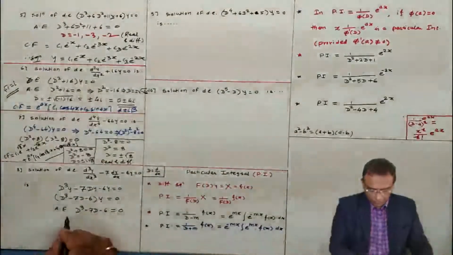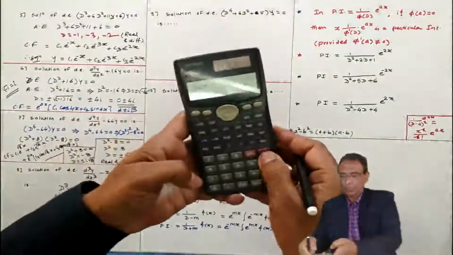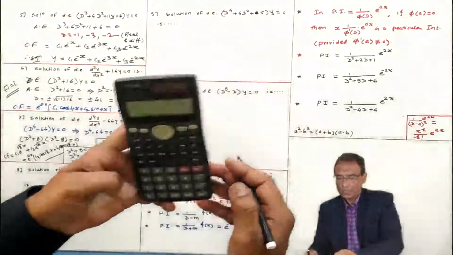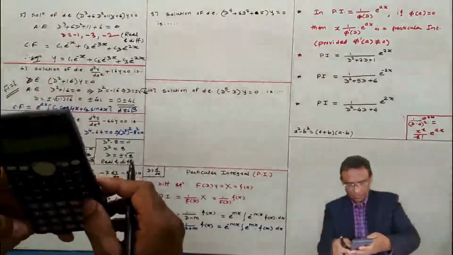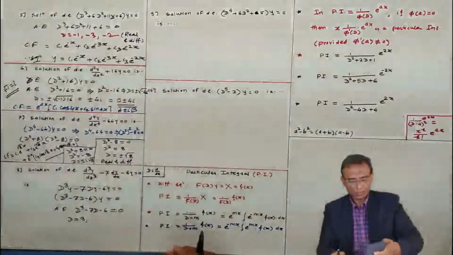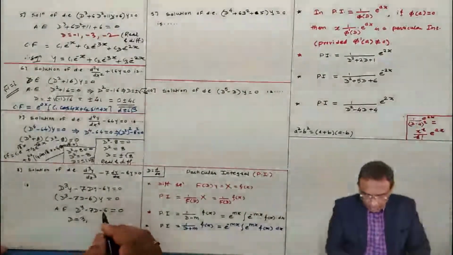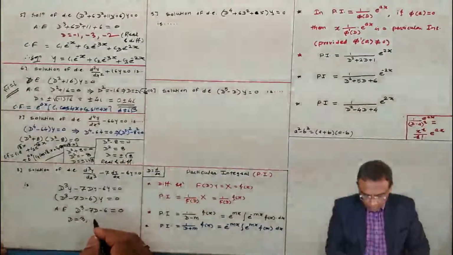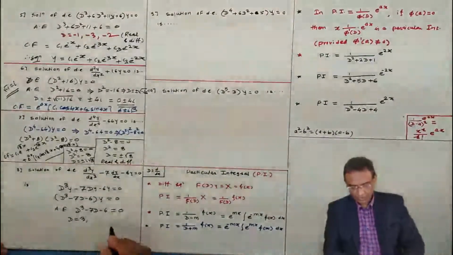Now, the value of x1 is what? The value of D is 3, the first value. The next value is 1. This function is not available here, I think. Now here I am going to try to find the roots of the auxiliary equation.